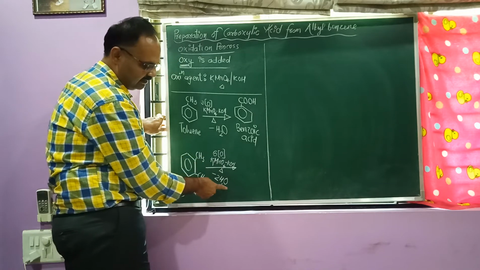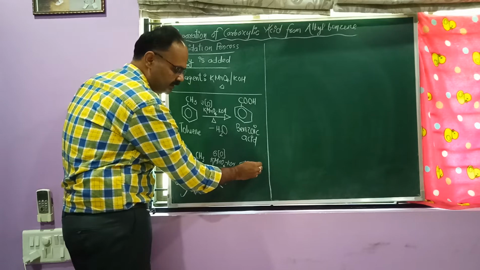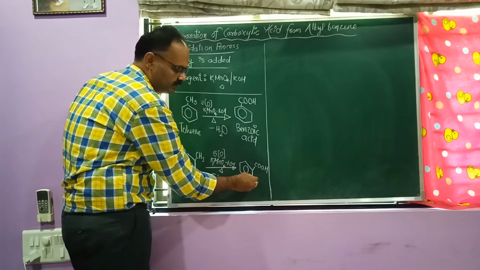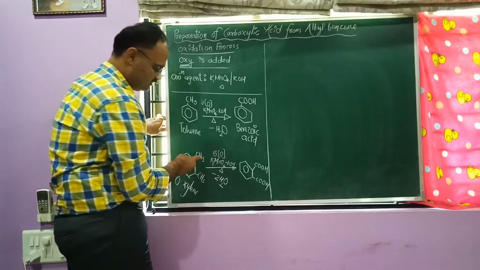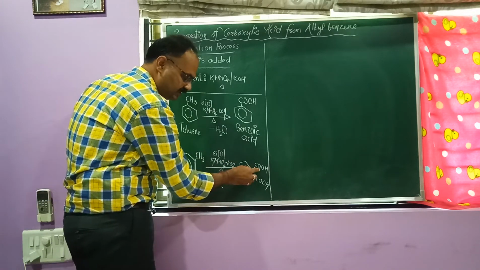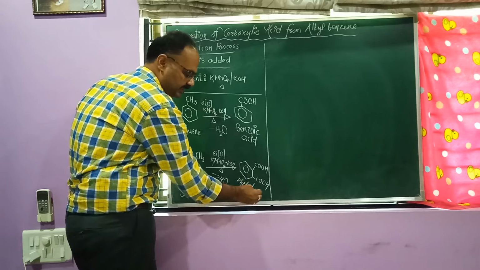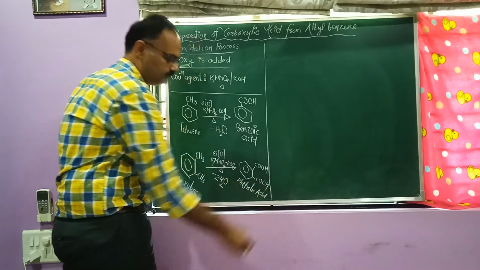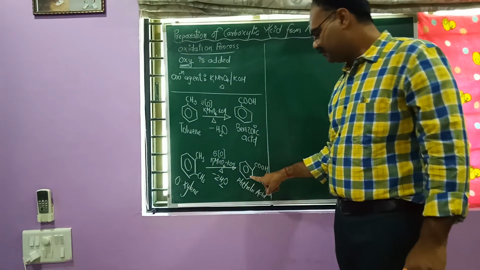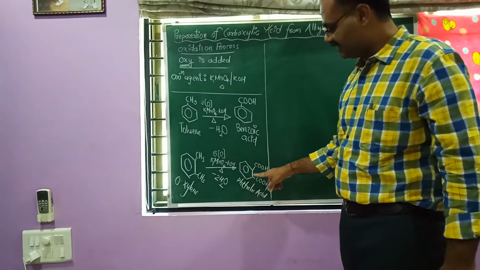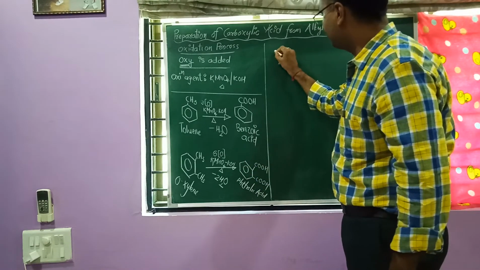That means 6 minus 2, 4 oxygen remaining. For 1 carbon here, 2 oxygen plus 1 hydrogen, COOH. The meaning is each CH3 group is converted to a COOH group. So the name of this compound is phthalic acid. The IUPAC name will be benzene-1,2-dicarboxylic acid. Again I repeat, benzene-1,2-dicarboxylic acid.